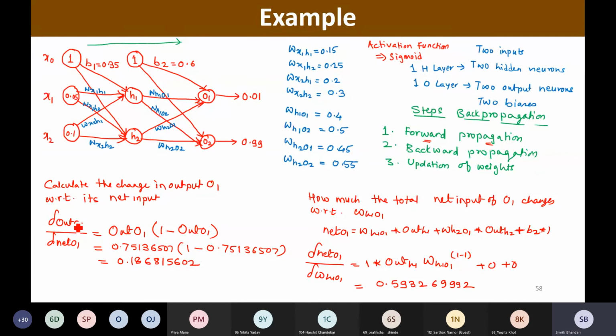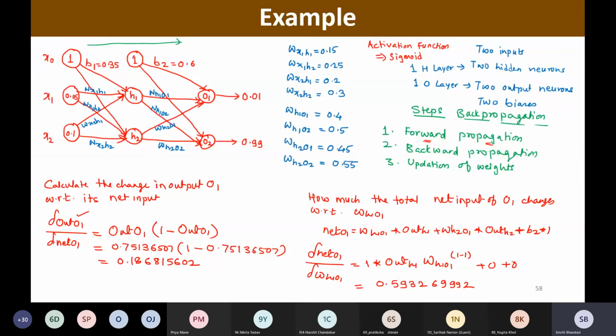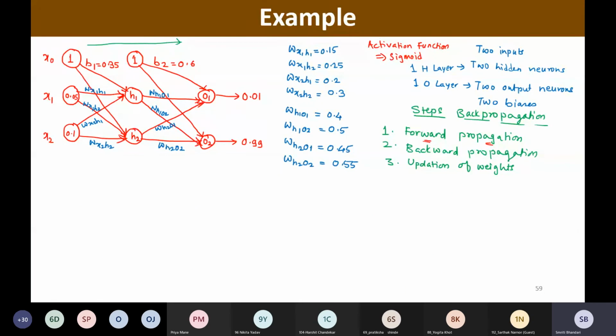So we have computed all three terms. See, partial derivative of out O1 with respect to net O1, partial derivative of net O1 with respect to WH1O1. Now we need to substitute it.